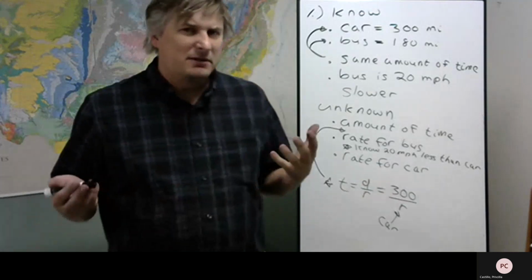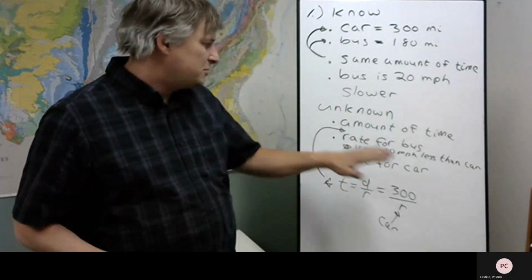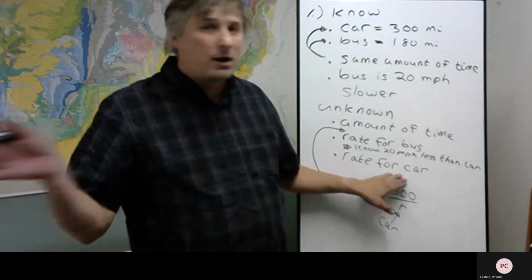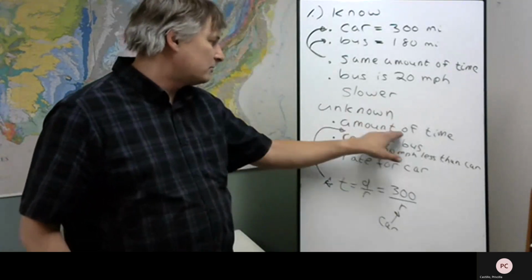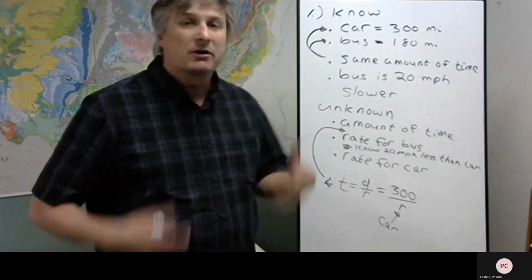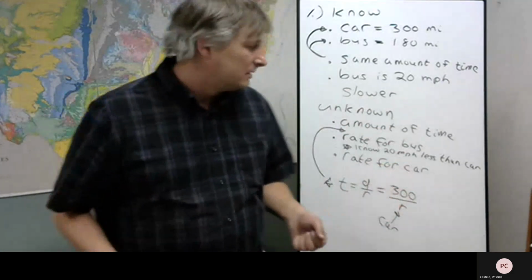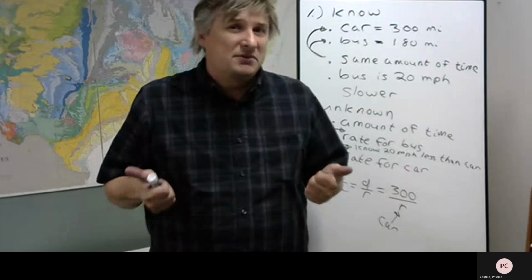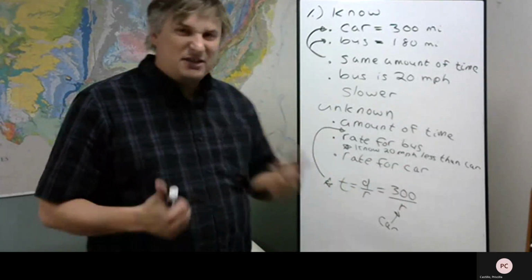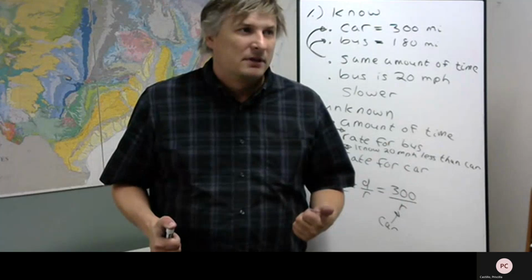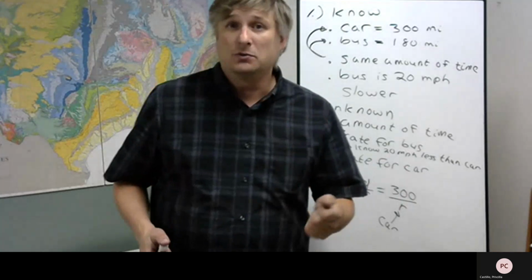So here's the thing that we're running into. If we know the rate of the car, which we have no idea about whatsoever, then we'll know the rate for the bus, and then we'll also know the time. So the key thing that's missing that lets us know the rate for the bus and the amount of time is that rate for the car. So that's going to be the unknown we choose.